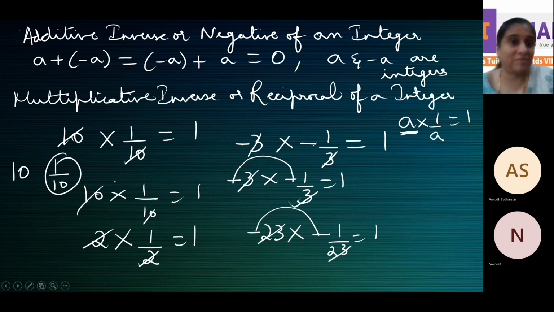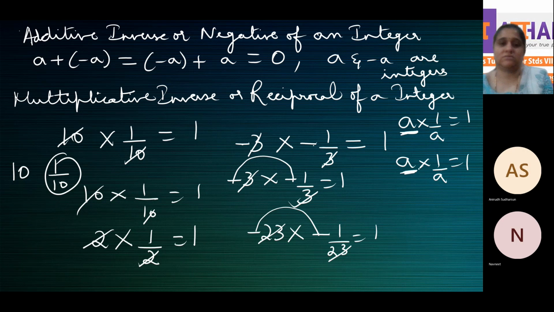The product of a and 1 by a is 1. If a is the integer, 1 by a is its reciprocal. If minus a is the integer, then minus 1 by a is its reciprocal.